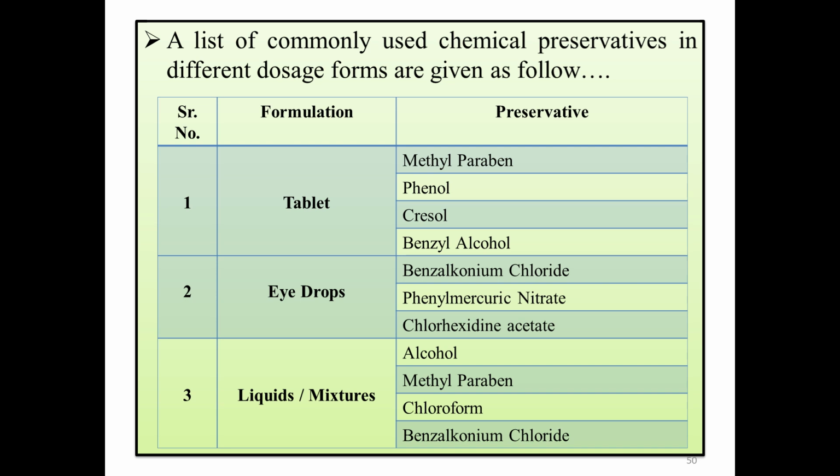If we don't check the sterility of a pharmaceutical product and it is affected by microorganisms, that will directly or indirectly cause harmful effects on the body of the patient.